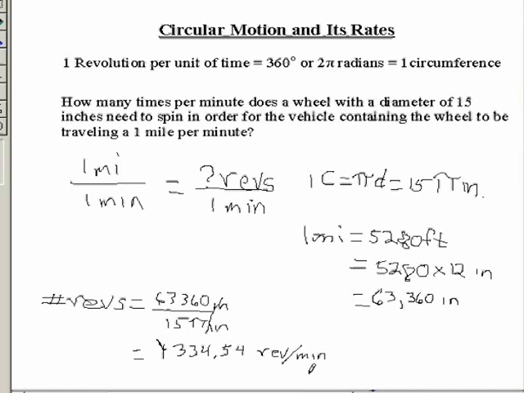Wow. Did you expect it to be that large? Think about it. If instead of 1 mile per minute, we had put it as miles per hour, how many miles would we be traveling in that first hour?